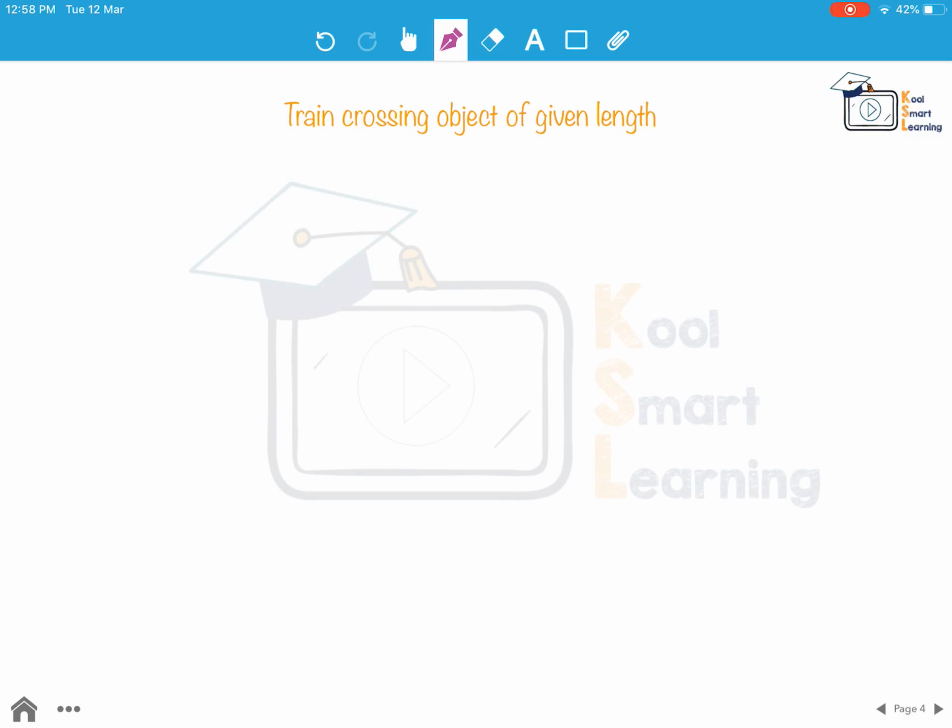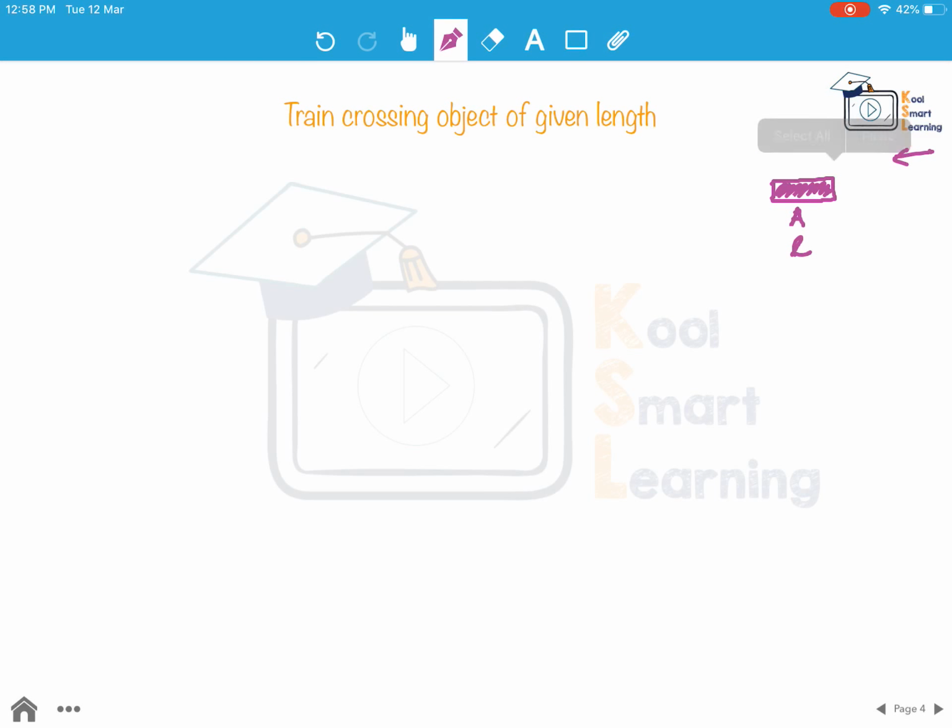Now, if the object that it has to cross is not a point object anymore, if it has a given length, say for example, this is the object A, it has a length small l. Now the train coming in this direction has to cross it.